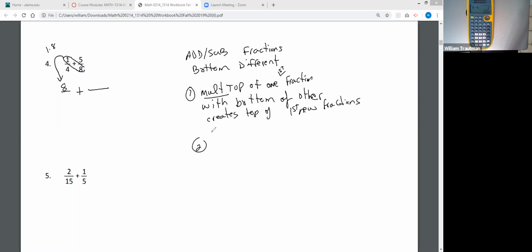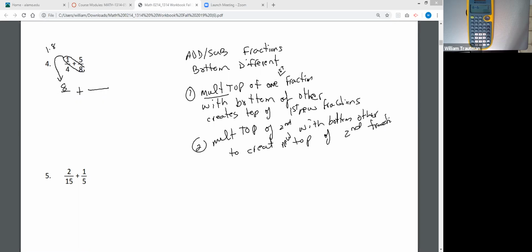Step 2, once again, multiply top of second fraction with bottom of this other to create the top of the second fraction, the new top. So multiply these two together, 4 times 5, and I get 20.